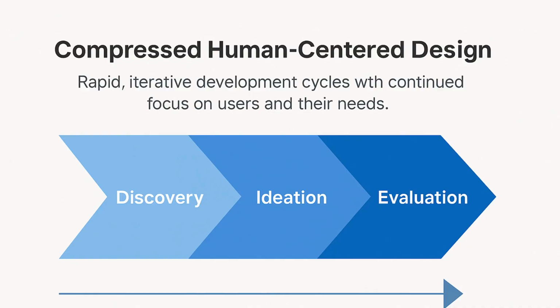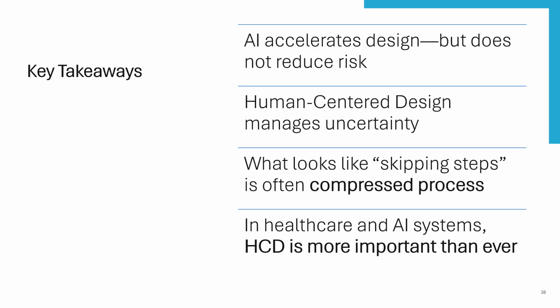Then, at the end, AI can help us, and we can start looking for tools to compress the cycle. We can have rapid iterative development cycles. We can bring AI into the discovery, ideation, and evaluation phases. But it's important to know that the process still exists.